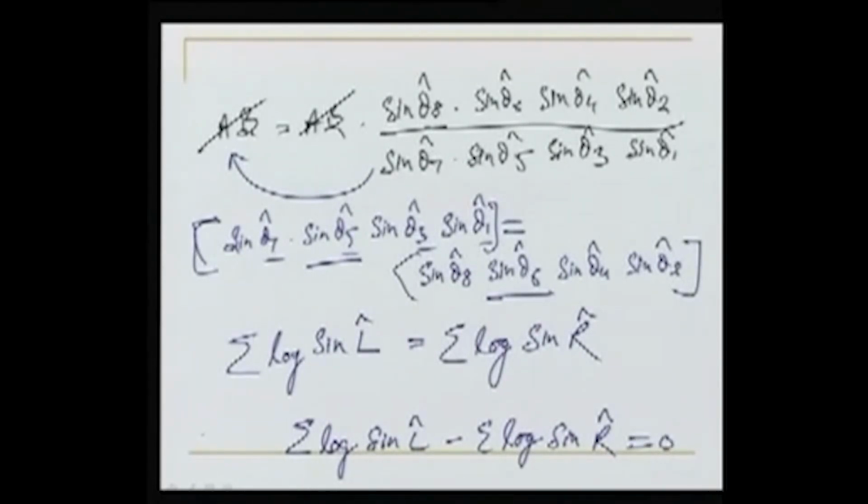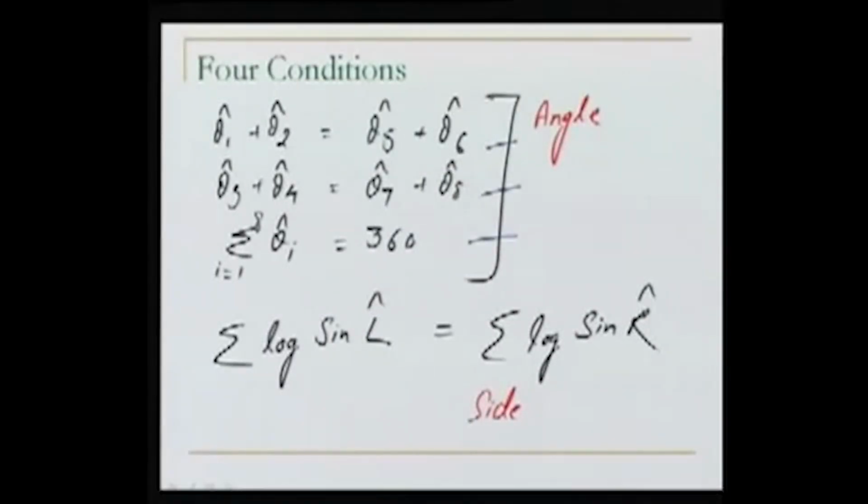This is the fourth condition, because we had 3 conditions which are coming from the angles, and this is the fourth condition which is coming from the sides. So we say this is the side condition, and this ensures that the figure is a closed figure. Okay, so these are our 4 conditions now. 3 angle conditions, all right, and 1 side condition. So these are the 4 conditions which we will use for adjustment.